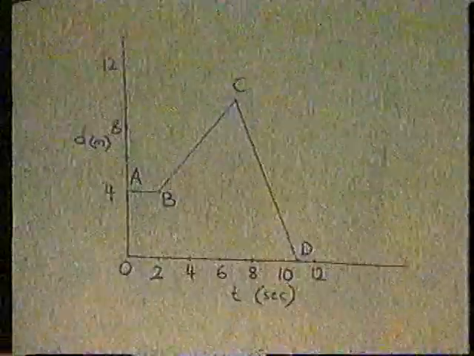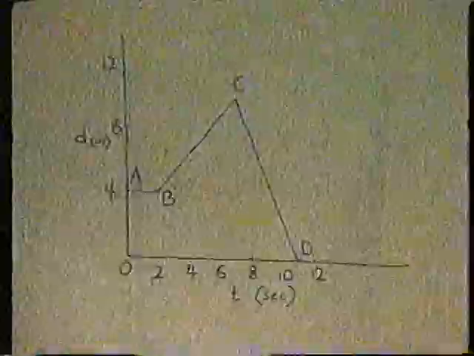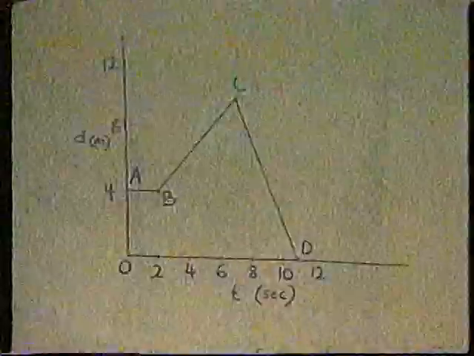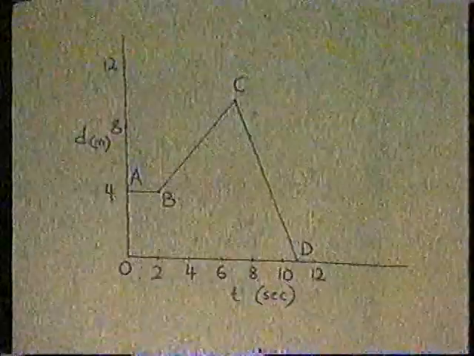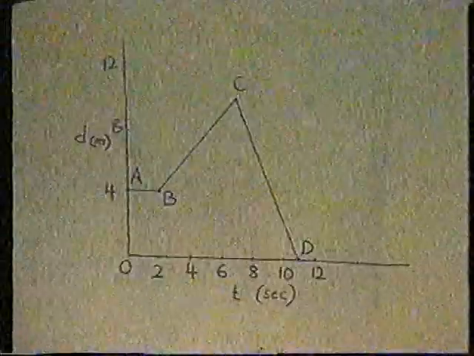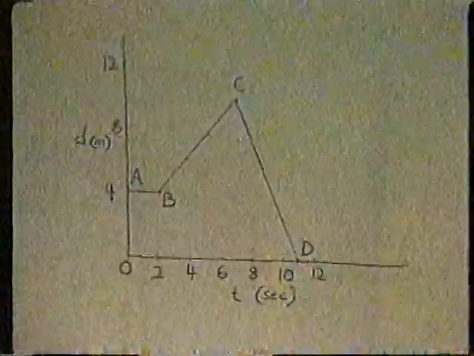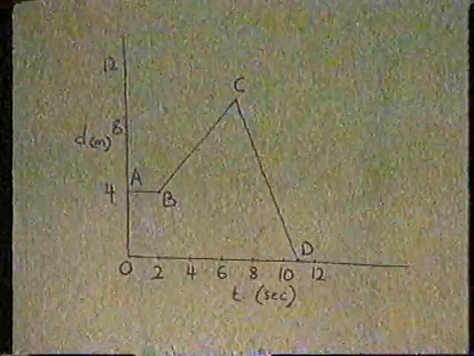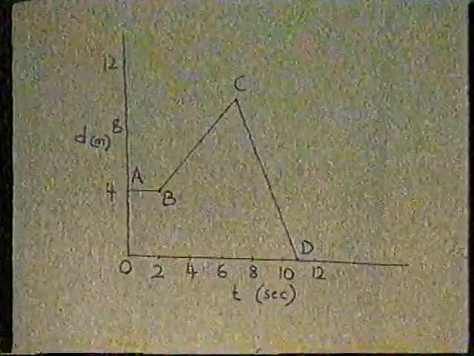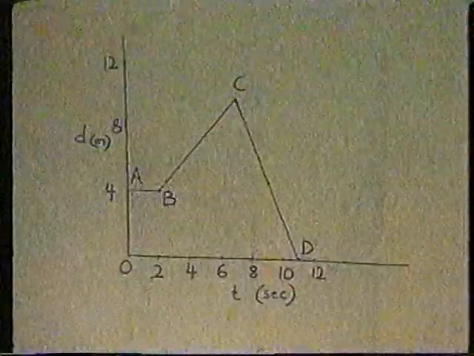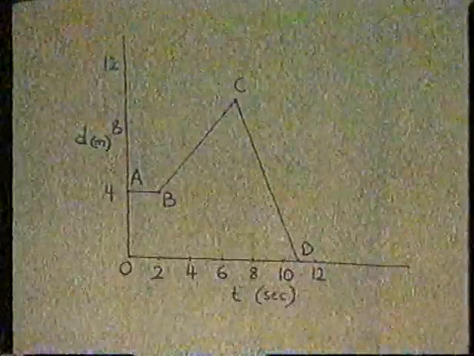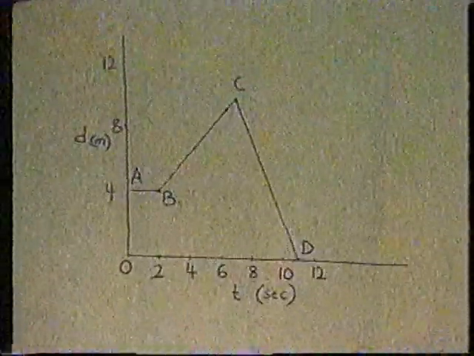The first one, the displacement of the object during the first 2 seconds, and then the velocity during that period. Now, the essence of this is to really know about displacement, velocity, speed, and so on. Between A and B, the displacement during the first 2 seconds: you take the point B, that's the final point, subtract the original one, and that will give you the displacement.